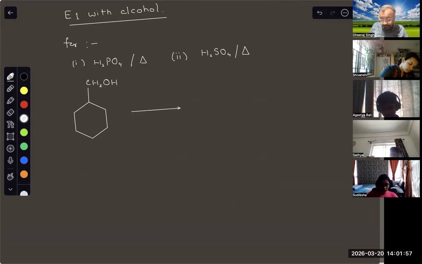CH2OH. If you write concentrated H2SO4, then you don't need to write heat also. Otherwise, H2SO4 heat. Let me write heat, so that you don't get confused.